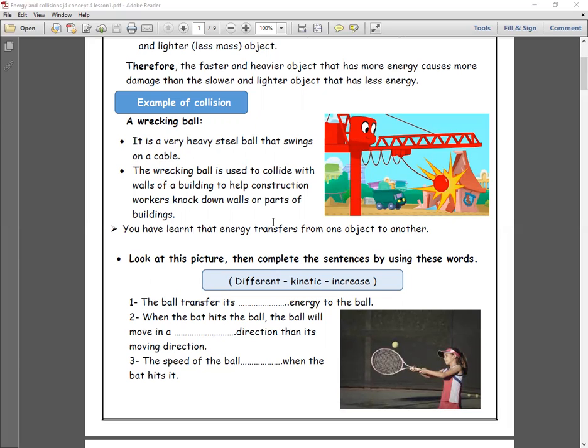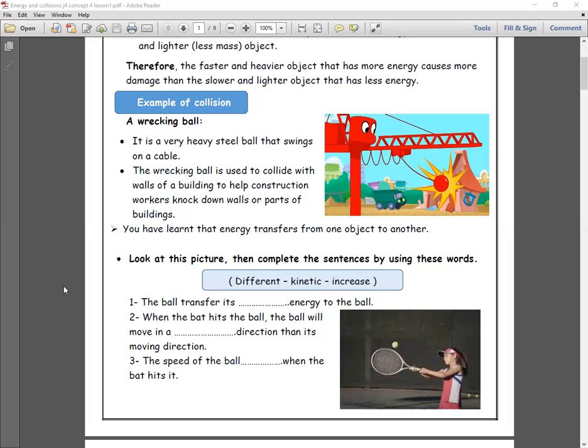So it's the first example, and for sure, due to the ball's fast energy and high mass, the damage caused will be high. So we use this object to knock down the walls or to construct buildings.